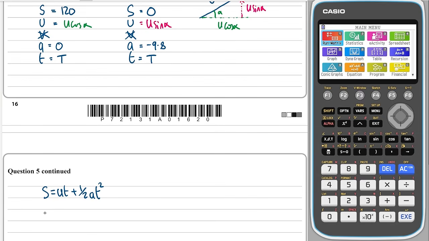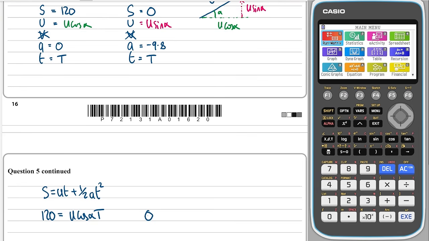Let's do that first for the horizontal, and we get 120 equals u cos alpha capital T, and there is 0 acceleration, so I don't need to add on the at squared.